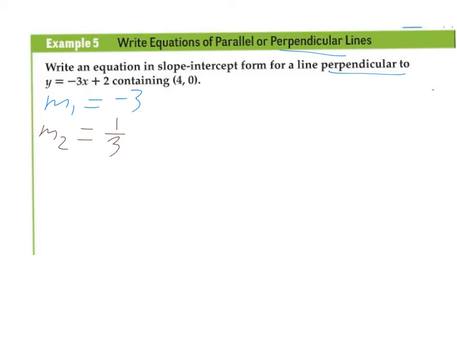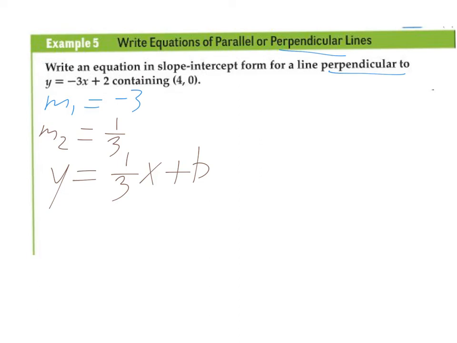Now we need to figure out the last part, because we have a slope, we have our y equals m, 1/3 x, we've got to figure out that b. The way we're going to figure out b is we're going to use these values here to plug them in for the x and the y specifically.